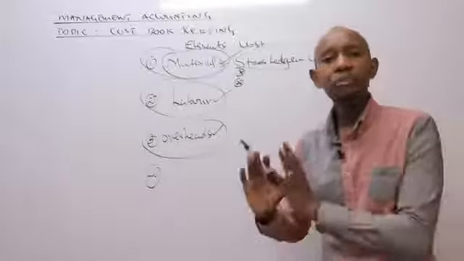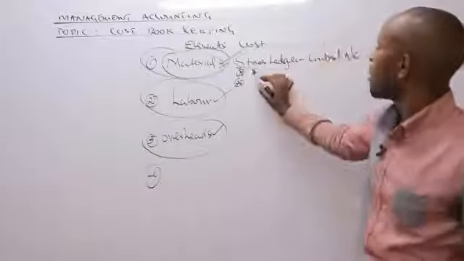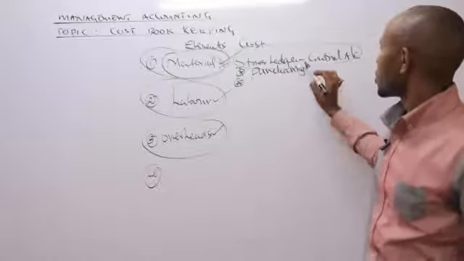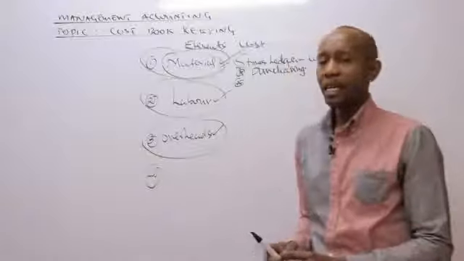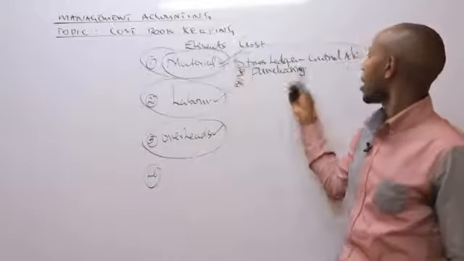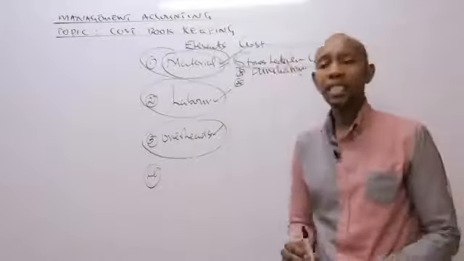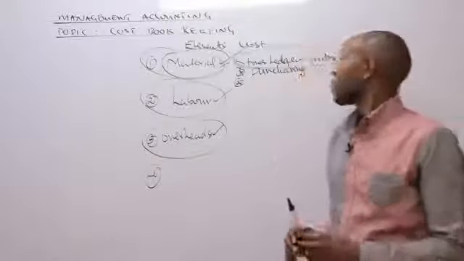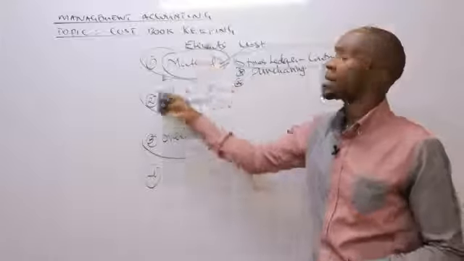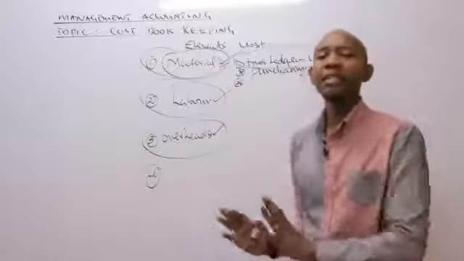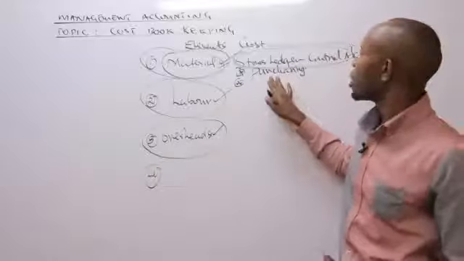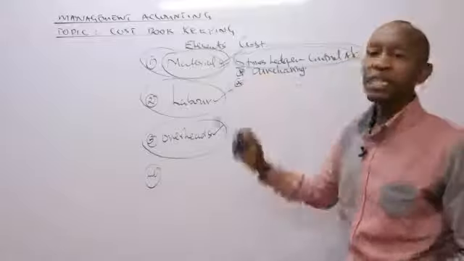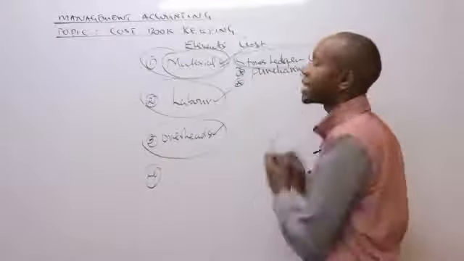Number one, we are purchasing material. When you purchase material, you will record them in this account, which I'm calling the stores ledger control account. Because this is an asset account, when assets increase, we debit. So when we purchase material, our assets have increased, so we will debit that account.